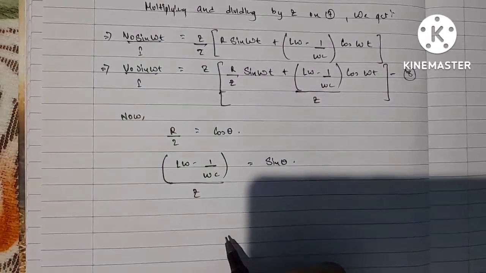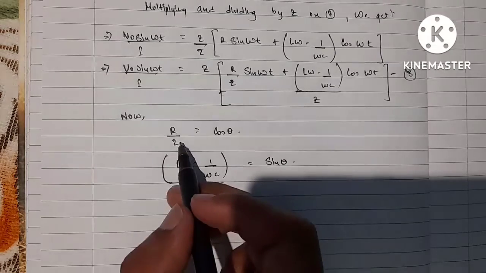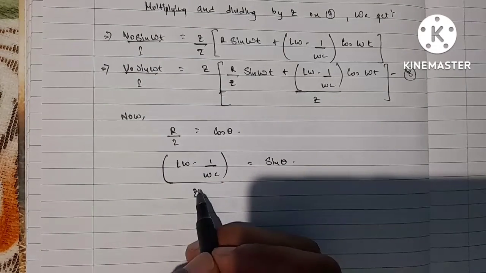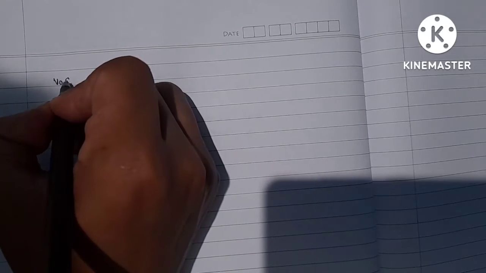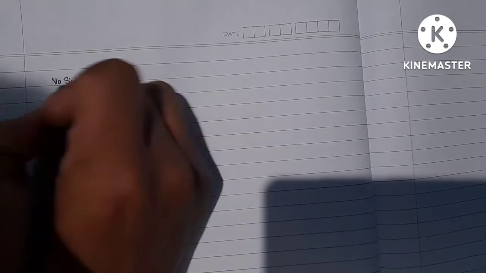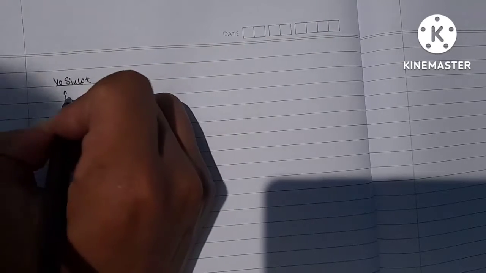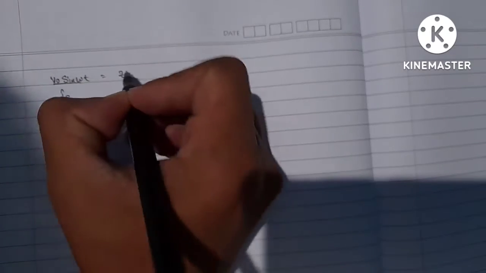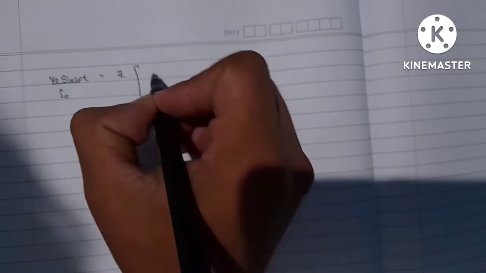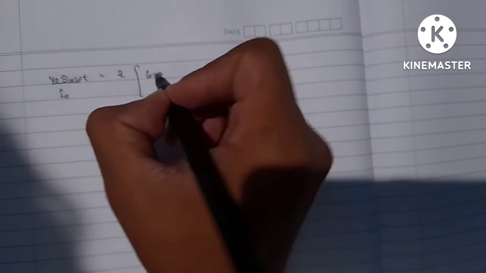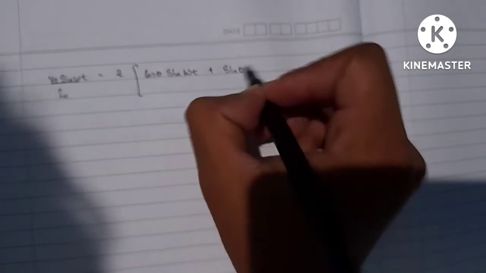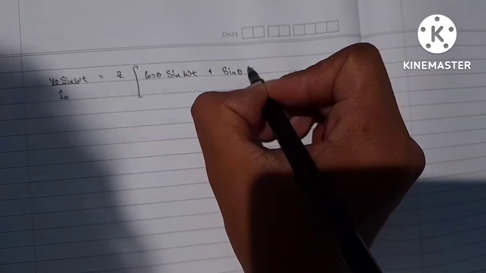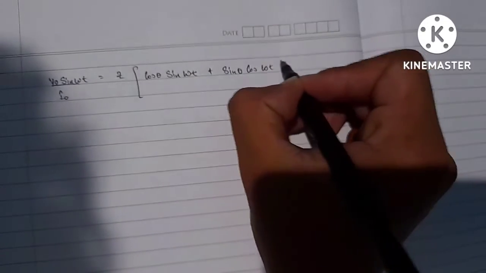Now, putting the values of R by Z and the other term from equation number 8, we get V0 sin omega t by I0 equals Z times (cos theta sin omega t plus sin theta cos omega t).